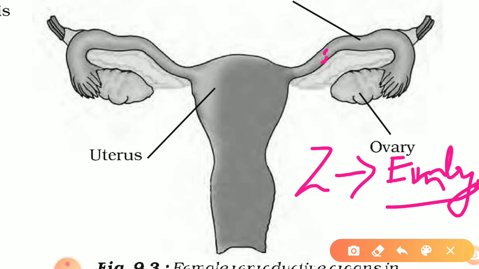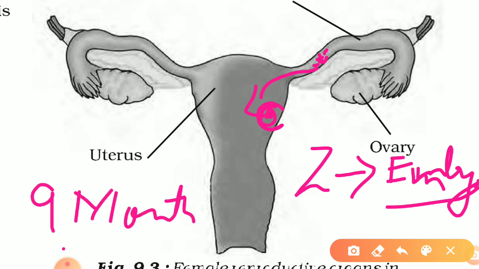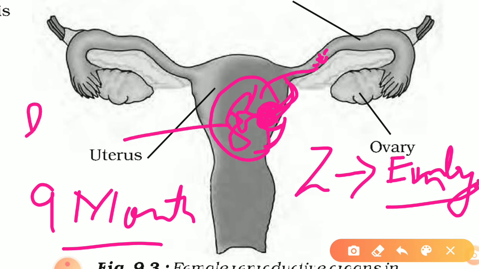This embryo is a group of cells. It moves into the uterus and attaches itself to the wall of the uterus and remains here for a period of 9 months. And here it makes a prominent tissue जिसका नाम होता है placenta. In higher classes you will study in detail about that. So it takes nourishment from the uterus of the mother and starts growing, and within a period of 9 months it grows into a complete fetus.